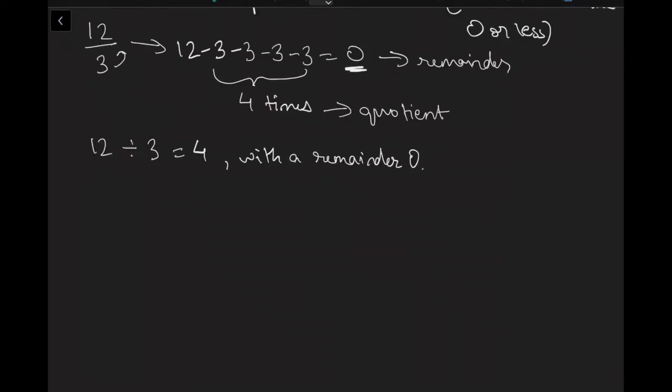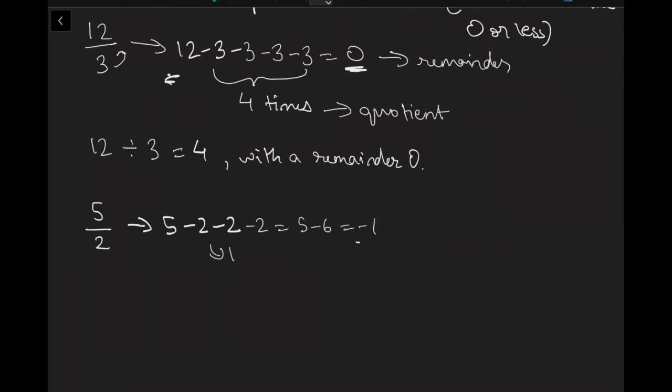Now in similar fashion, if we had a number that is not completely divisible, so for example 5 divided by 2, we're going to follow the same procedure, and that is going to be 5 minus 2 minus 2. And now you could see that 5 minus 2 minus 2 is equal to 1, but then we need to be sure that it's going to reach below 0 in the next minus 2. So if we subtract another 2 from 5, then we're going to get 5 minus 6, which is minus 1.